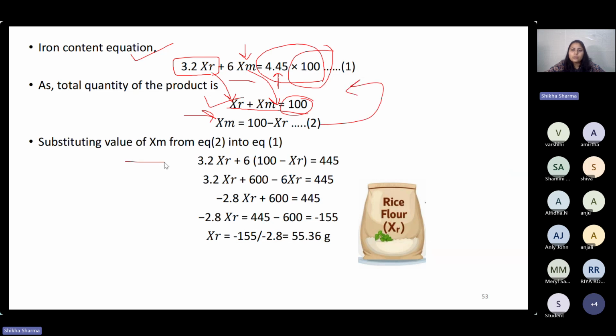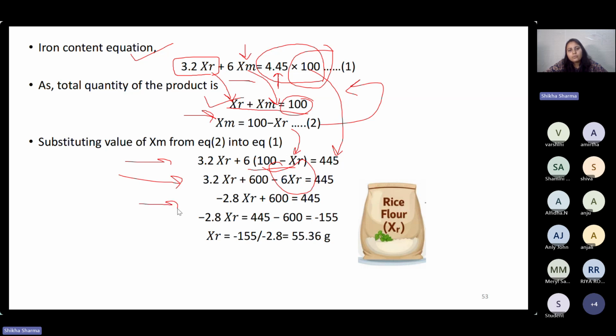So we can solve here: 3.2 XR plus 6 into XM, which is 100 minus XR, from equation 2, equals 4.45 into 100, which is 445. So now we solve: 3.2 XR plus 6 into 100 is 600, minus 6 into XR is minus 6 XR, equals 445.